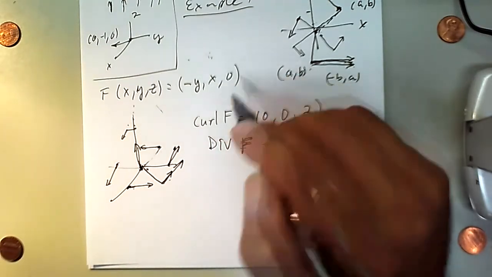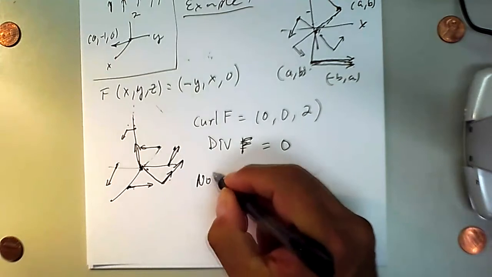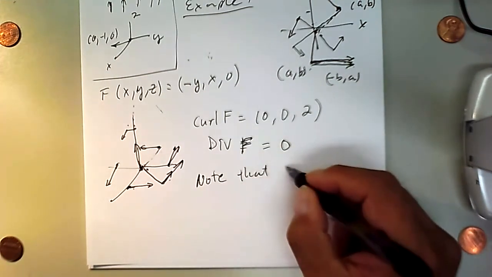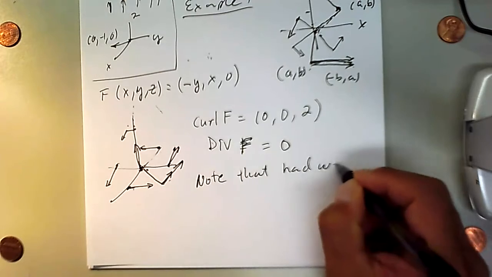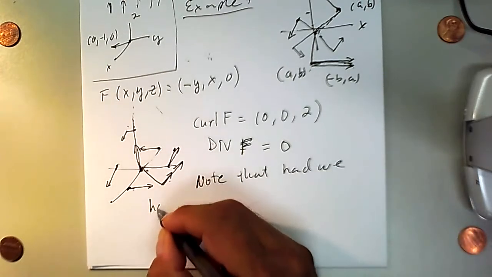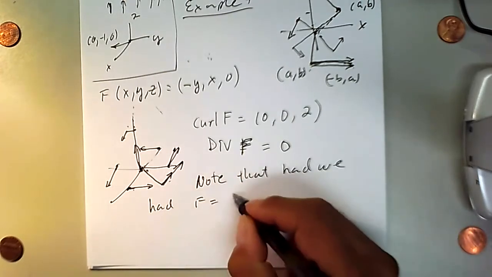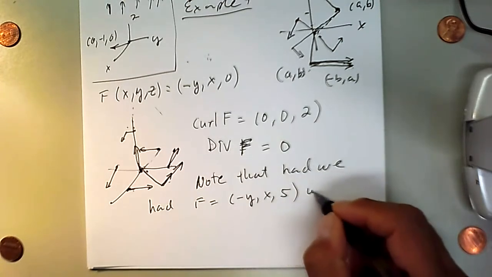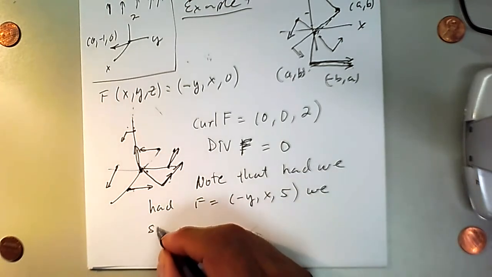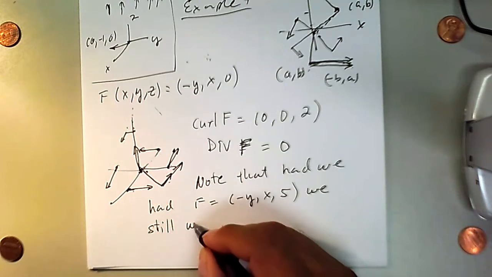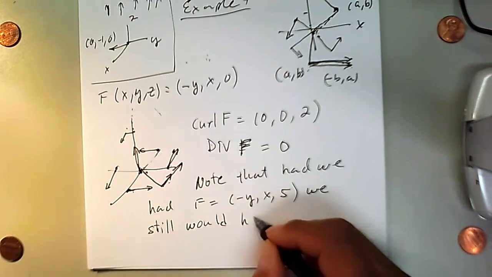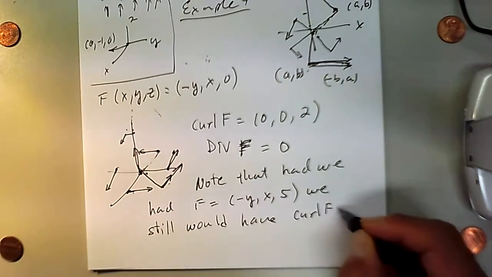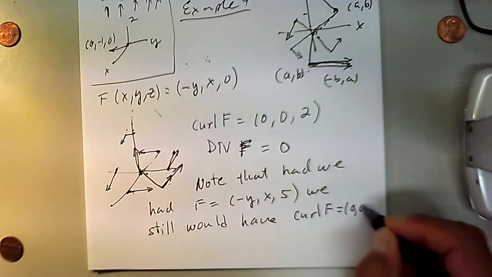Something important to note: if we had f equals negative y, x, 5, we still would have curl of f equal to 0, 0, 2.